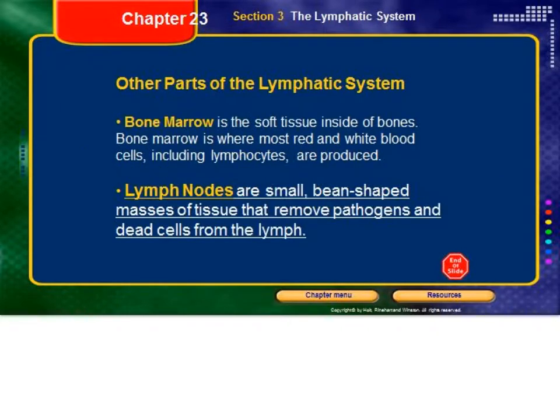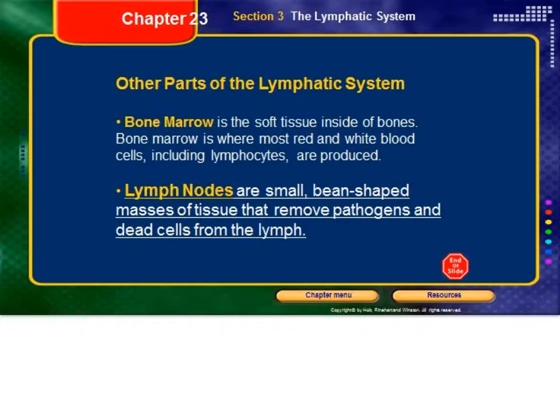All right, other parts of the lymphatic system. This says that bone marrow is the soft tissue inside of your bones. It is where most red and white blood cells, including lymphocytes, are produced. We talked about bone marrow when we talked about the bones, and we talked about it making red blood cells, but we did not talk about it making white blood cells.